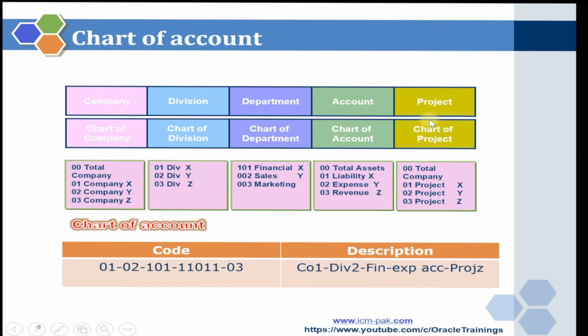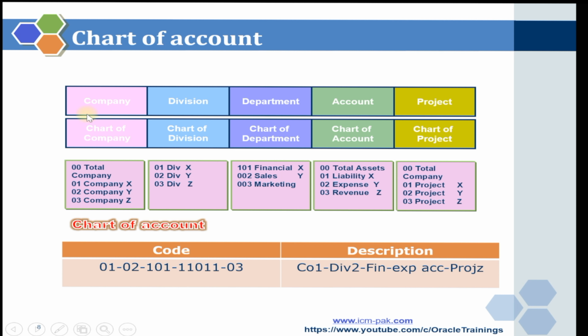Why I say column and why I say segment is that functionally it will be a segment, but if I convert this to a technical term, this is all a dynamic table which will be built by your functional team without doing any coding, but actually the structure will be maintained like a table.